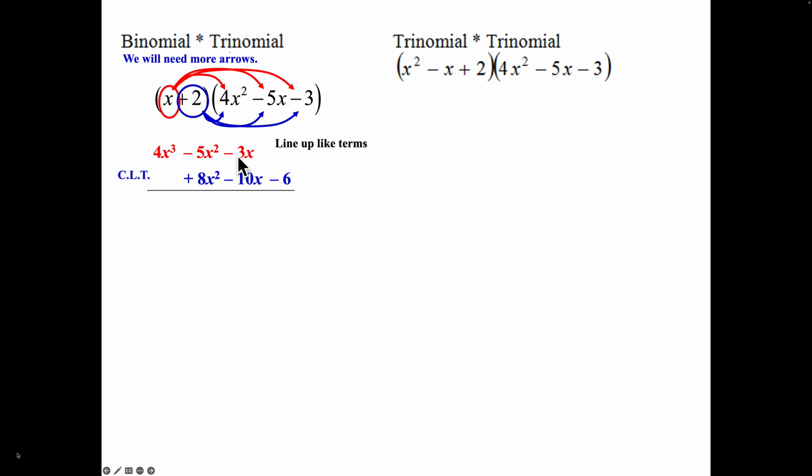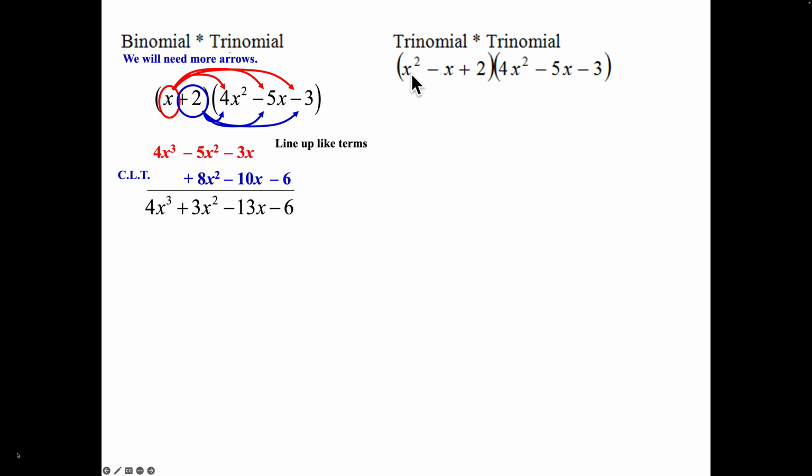We'll put that underneath our minus 3x. 2 times the minus 3 is a constant, minus 6. It's out here by itself. And now we just add things together vertically. 4x cubed, negative 5 plus 8, positive 3, keep the x squared. Minus 3 minus 10 is minus 13, keep the x, minus 6.